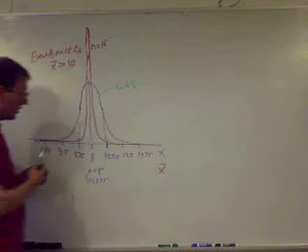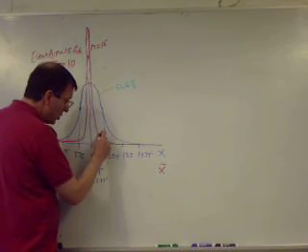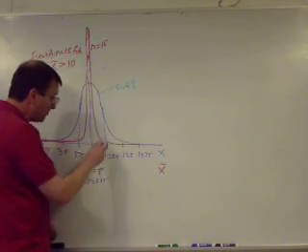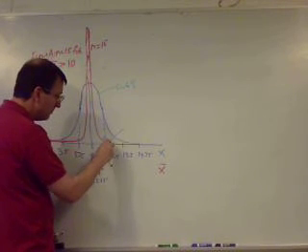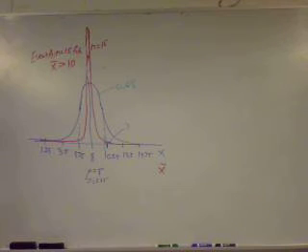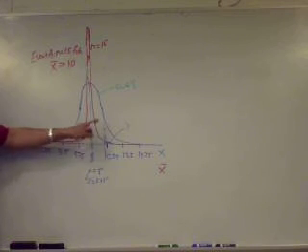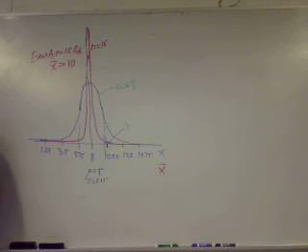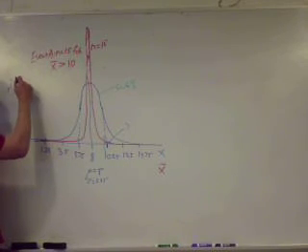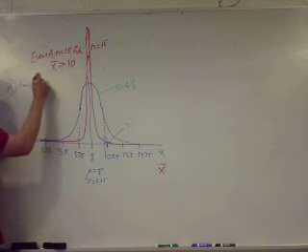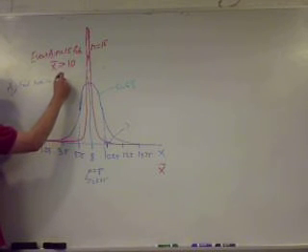So what they're asking for is the area under the curve of X bar that's greater than 10. Well, we're not going to find that area for the midterm. What we will do, though, is answer part A, which is find the mean and standard deviation.